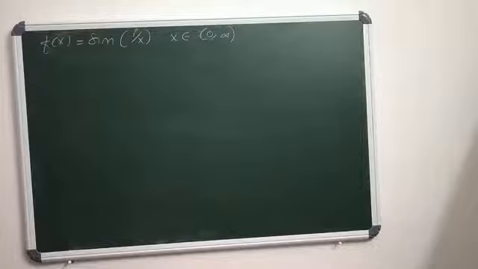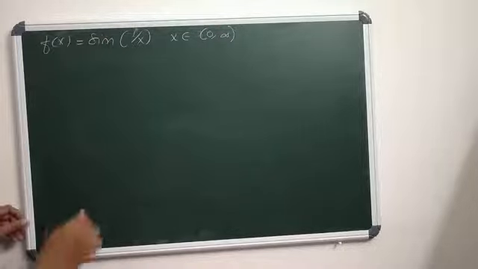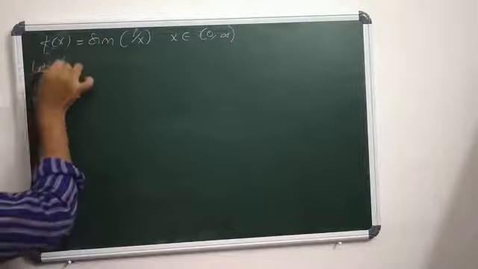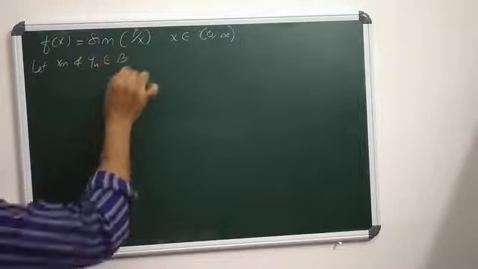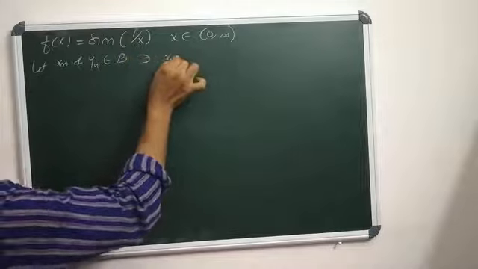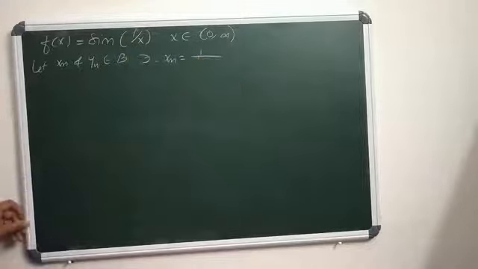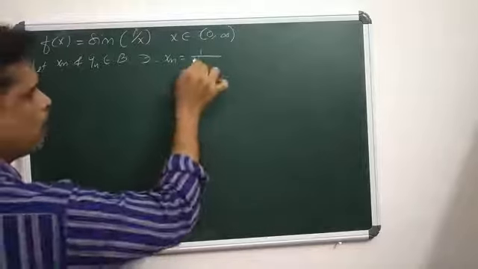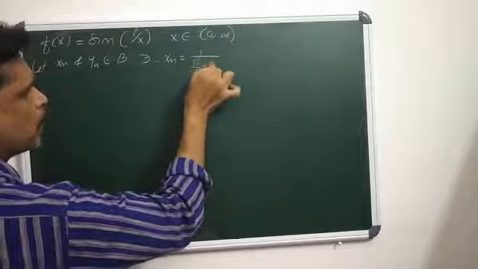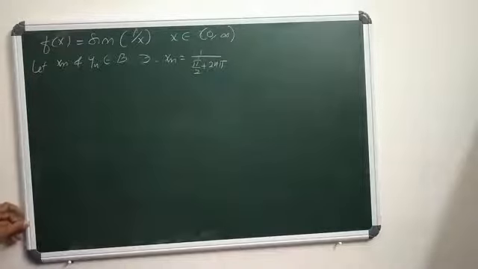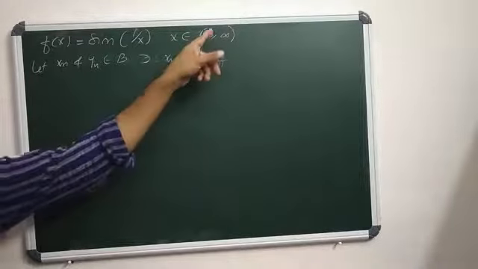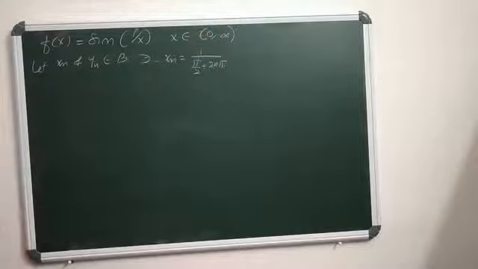Define sequences xn and yn in B such that xn equals 1 by (pi by 2 plus 2n pi). Surely this lies in the interval.